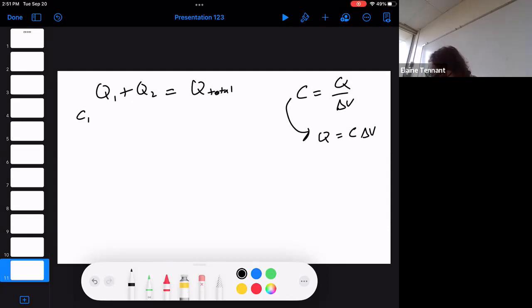So I have C1. Does it matter if I put a delta V1 or a delta V2 or anything? No, right? Because they're all the same. So I'm not going to bother with a subscript on my delta V's. I am going to bother with the subscripts on my capacitances. Okay, and what's happening with my delta V's here?